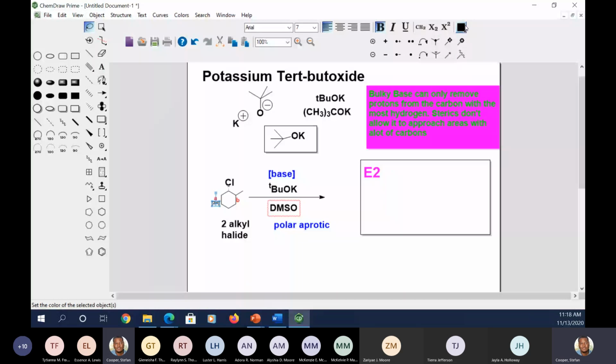So I'm big and bulky, right? Is it easier for me to glide over 2 hydrogens, or is it easier for me to glide over 1 H and another carbon? What do you think is easier for me to do?